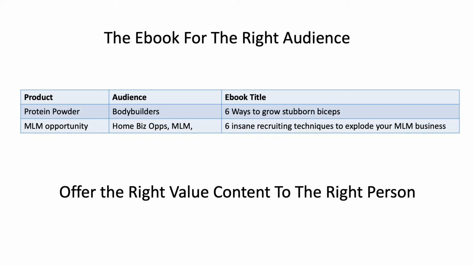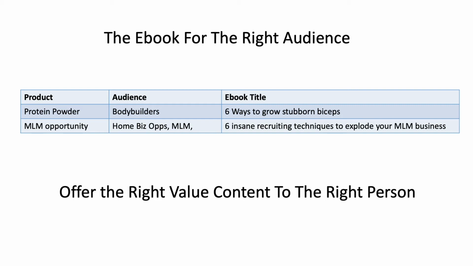Do you think that if you were into bodybuilding and looking for protein powder, that title would catch your eye? I think it probably would. Again, if you're promoting an MLM opportunity, your audience may be home biz op seekers or MLM internet marketers, and if you had a title saying 6 insane recruiting techniques to explode your MLM business, that's probably going to get the attention of people that are in MLM opportunities.